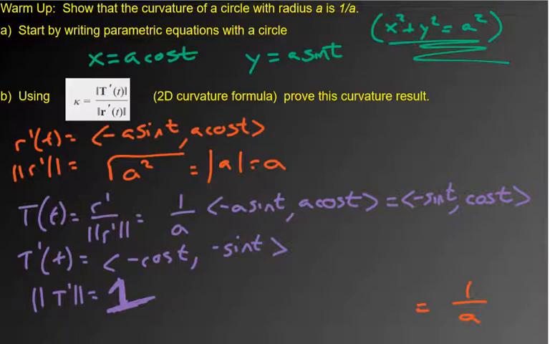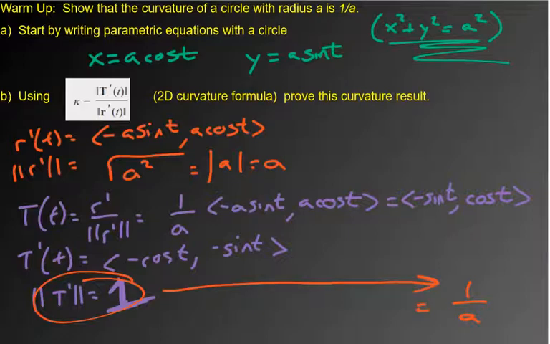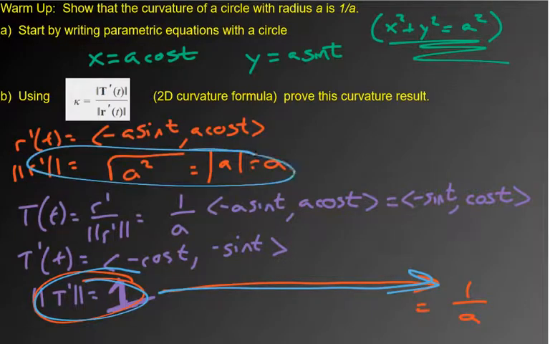So if you take your magnitude of T prime and put that in there, you get 1. And then if you put in your magnitude of r prime, that's a. And so you really get 1 over a.